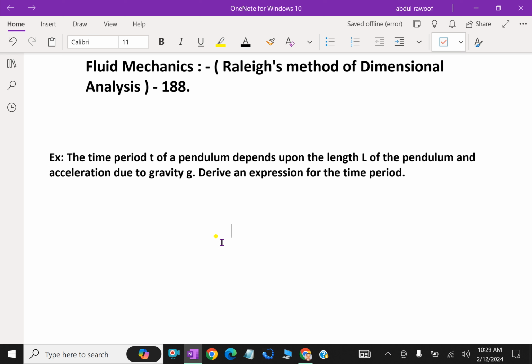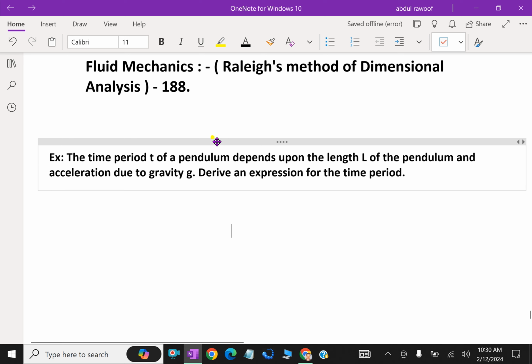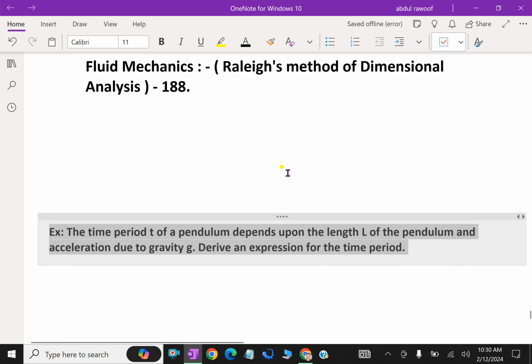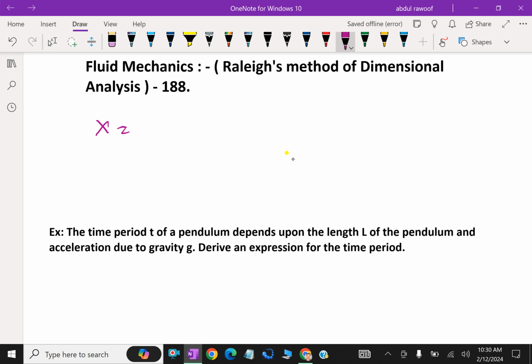Let x be a variable which depends on x1, x2, x3 variables. Then according to Rayleigh's method, x is a function of x1, x2, x3, and mathematically we can write x is a function of x1, x2, x3.